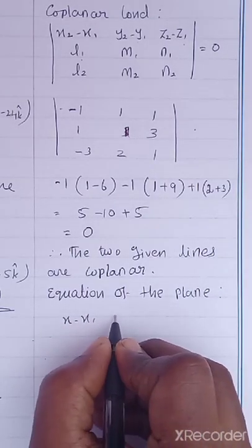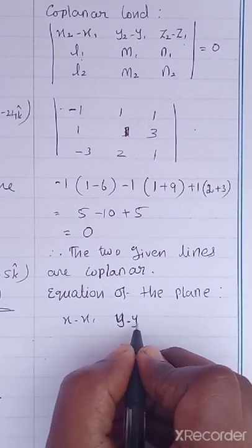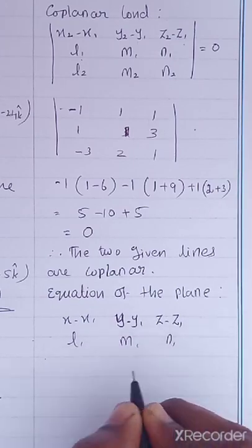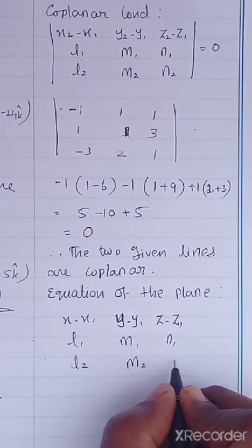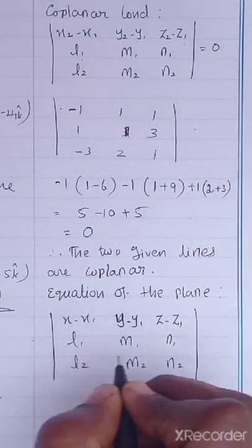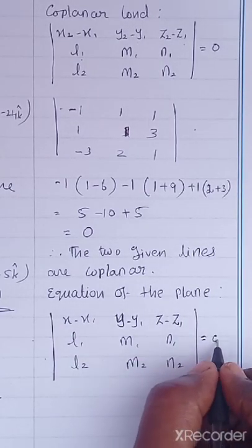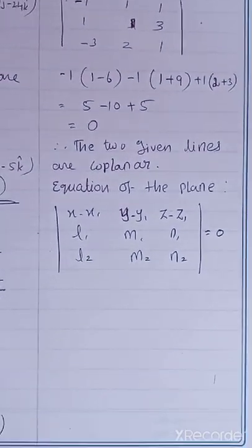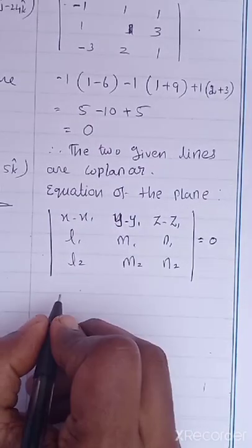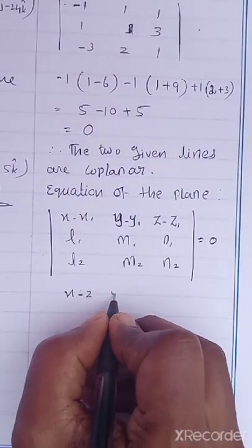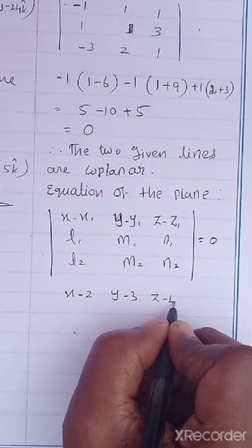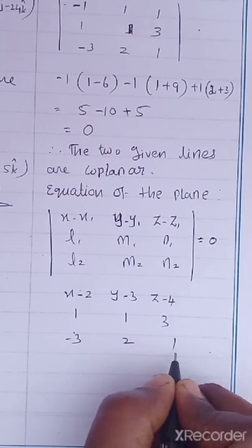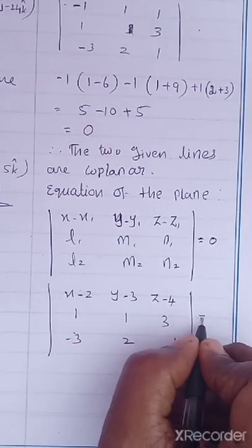The determinant with rows x minus x1, y minus y1, z minus z1; L1, m1, n1; L2, m2, n2 equal to 0. This is how you find the equation of the plane. Okay, so we just substitute the values: x minus 2, y minus 3, z minus 4; 1, 1, 3; minus 3, 2, 1, which is equal to 0.